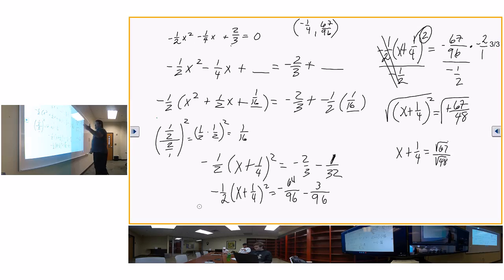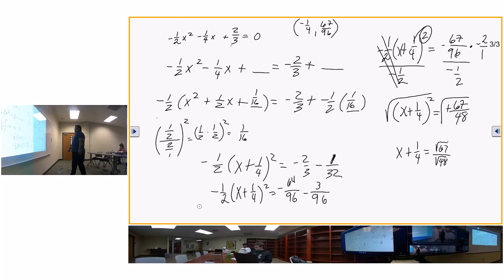And I did make this up, so it's going to be a cluster. So if you want to change the square root of 67 into 8.2 or 8.3, that's fine, and change 48 into 6.9, and then get a decimal there, you're welcome to. Somebody do that for me.